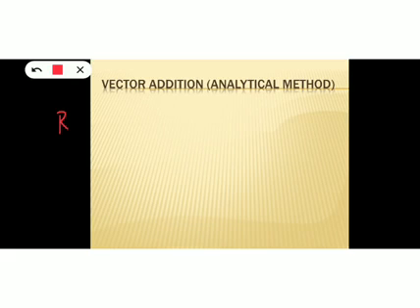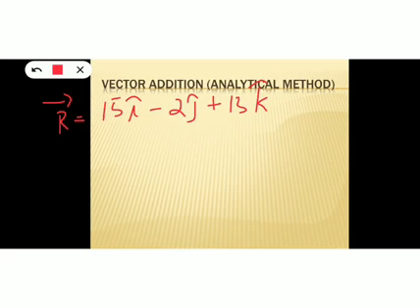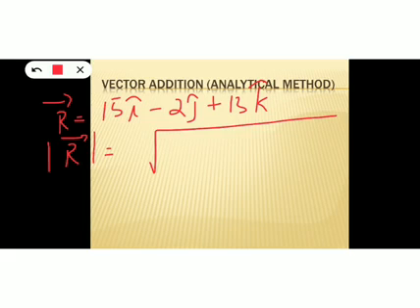Our resultant vector is 15i minus 2j plus 13k. And how will you find the magnitude of a vector? The magnitude of this resultant vector is obtained by taking the square root of the sum of squares of each component.